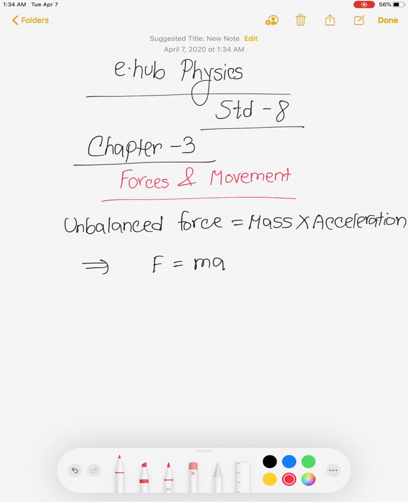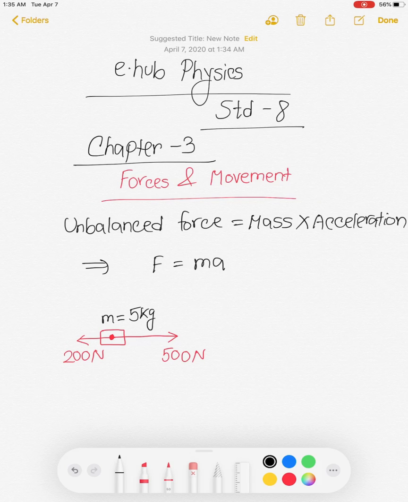Suppose two forces are acting on an object, okay? Towards the right there is a 500 Newton force and towards the left there is a 200 Newton force. The mass of the object is 5 kg.